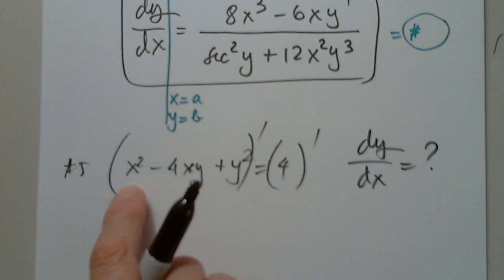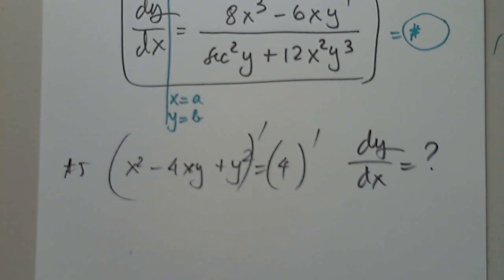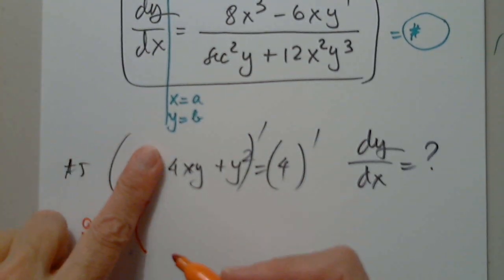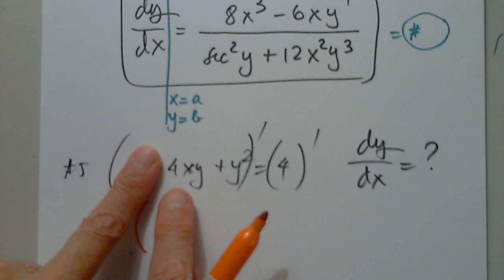Can anyone help with x squared? 2x. Sure, of course. Minus. Put parentheses so we don't forget to distribute.